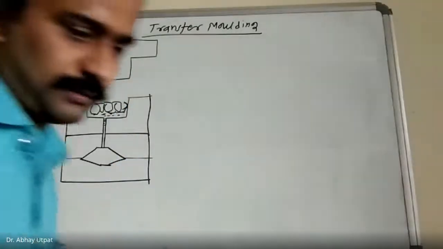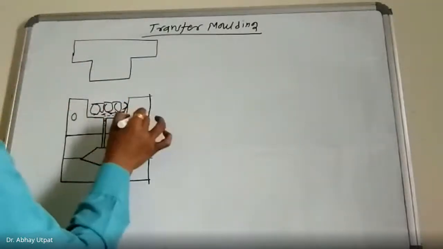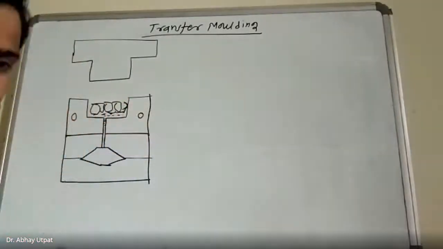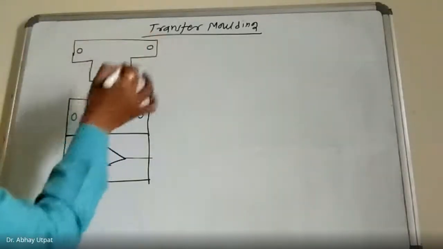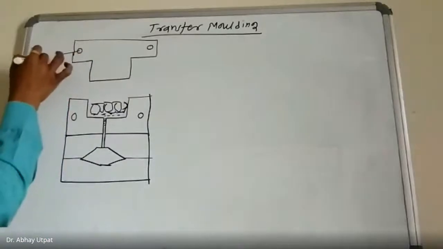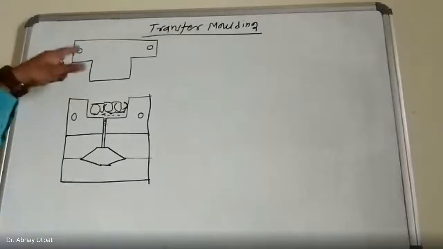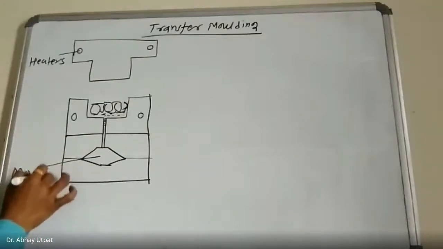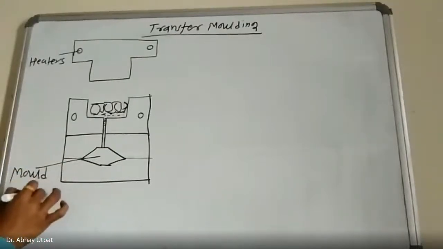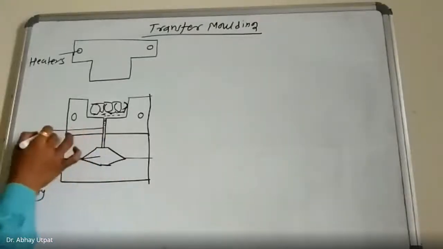Draw this figure. These are the heaters, round in shape. This is the mold cavity. This is the sprue.